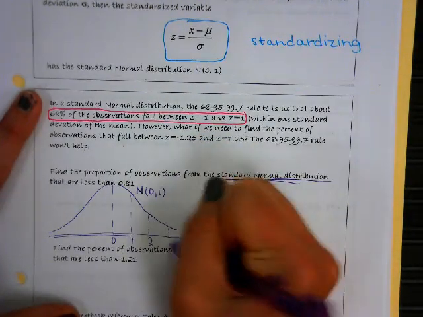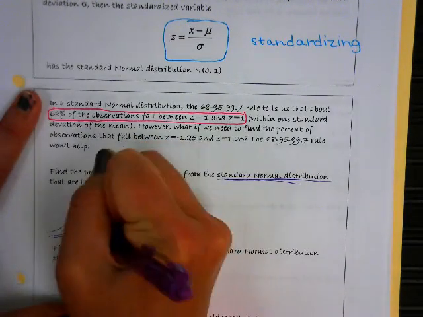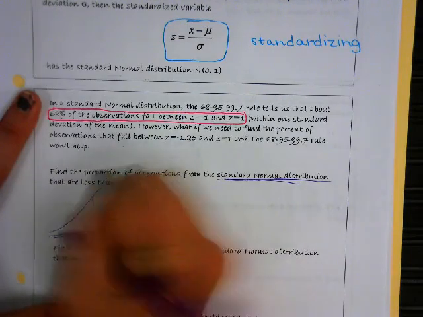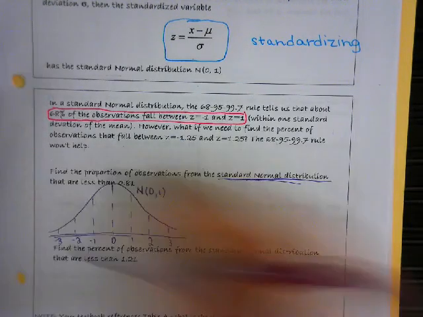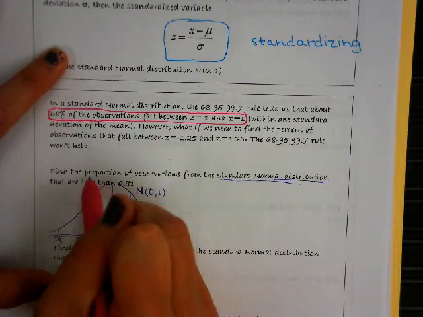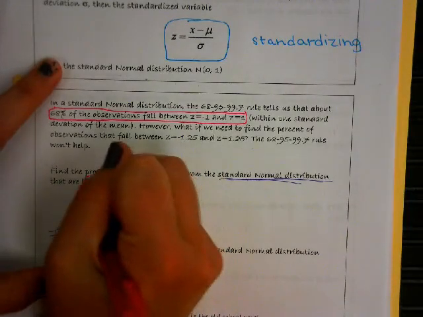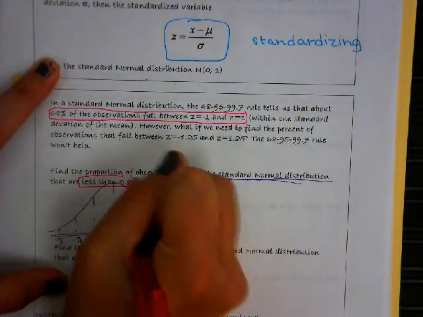Now the question is asking to find the proportion, so my answer is going to be a decimal this time, that are less than 0.81. So 0.81 I'd estimate is like here-ish. Again, it's not going to be perfect because you don't have all those little hash marks. But here's 0.81.